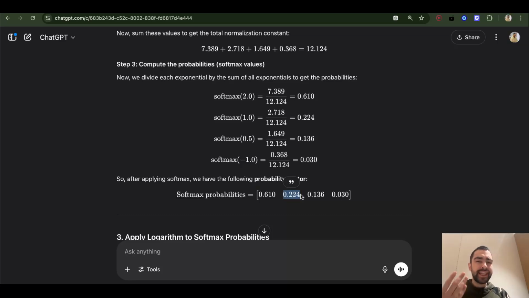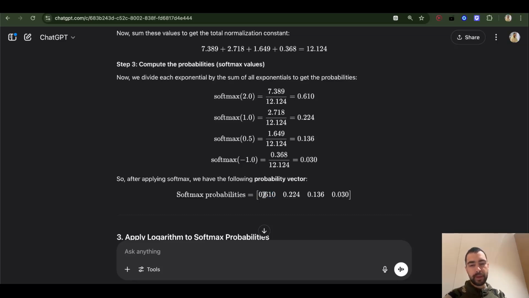Now, to train the LLM, only one of these tokens is going to be correct, and we will see in the training data which one it is. If the token that the LLM predicted with high probability is correct, then we don't want to punish the LLM too much, because it correctly predicted it.